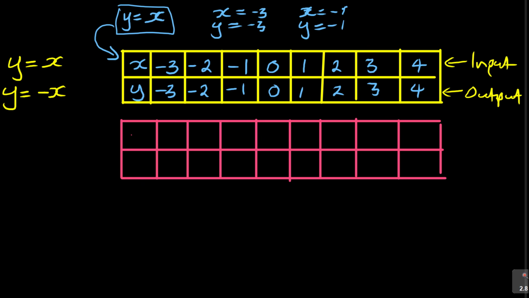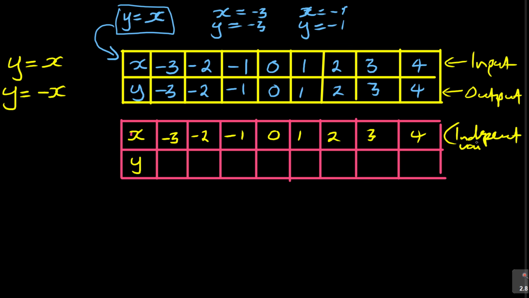So here it's always your x, and this is always your y. We said input, you tell us where you want your x to start from: -2, -1, 0, 1, 2, 3, 4. This is what you tell us. Sometimes in science they call the x values the independent variable.